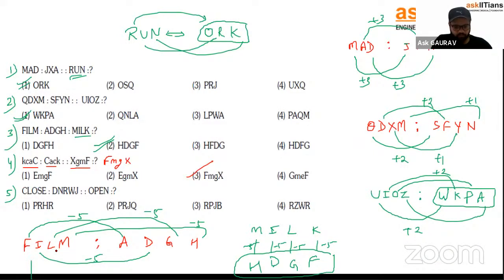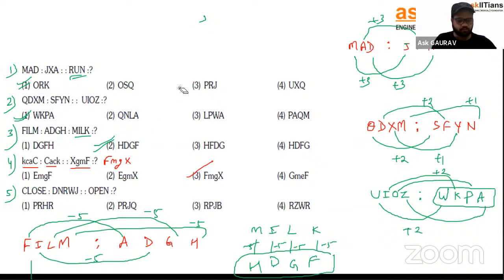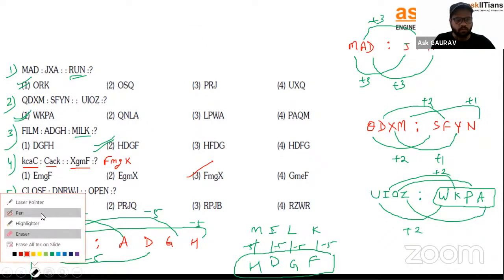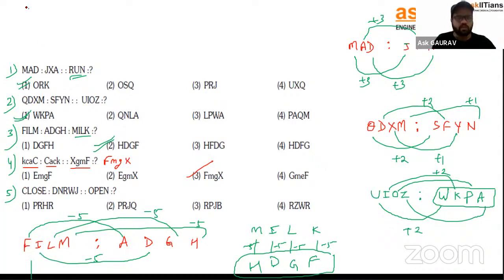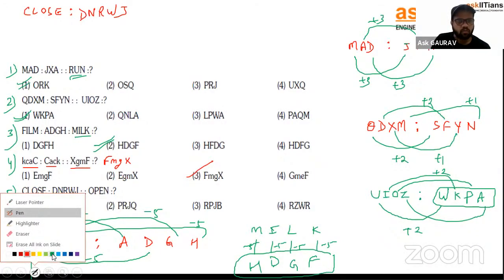See the pattern. It's very easy. See, CLOSE, that is to DNRWJ. What will be the pattern, guys?